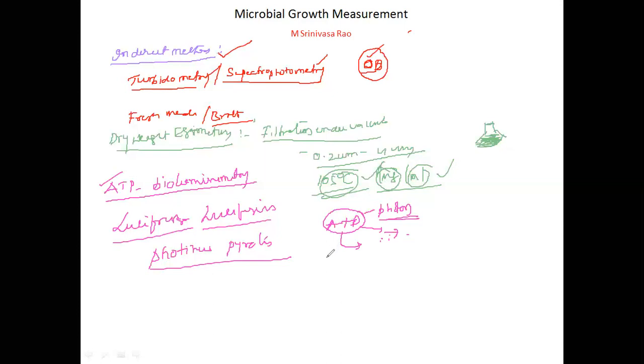It is equivalent to 1 yeast cell or 10 bacterial cells, that is, 10 to the power of minus 15 moles. This is one of the sensitive techniques, but sometimes quenching is a disadvantage of this particular technique. Otherwise, ATP bioluminometry is one of the indirect methods for determining microbial growth.